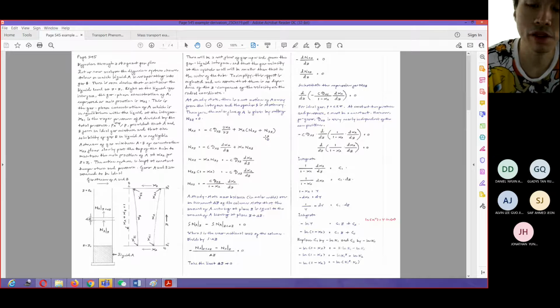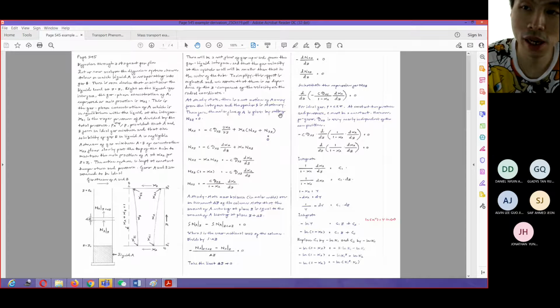But in every problem that we go through later on, we can have some assumptions that relate this N_Bz to N_Az. In some cases like in here, we have stated that the solubility of the gas B in liquid A is negligible. That means that at steady state there is a net motion of A away from the interface and the species B becomes stationary.